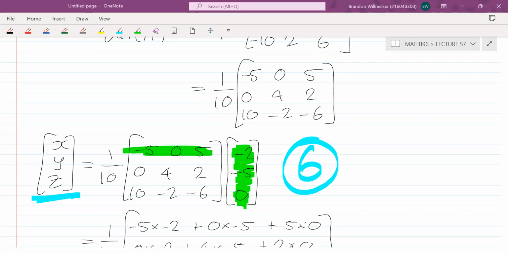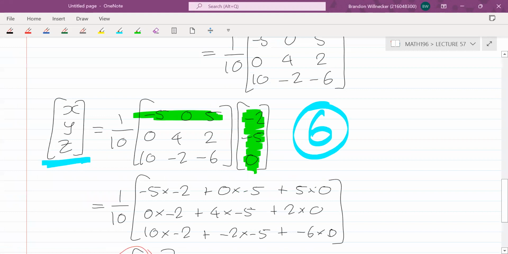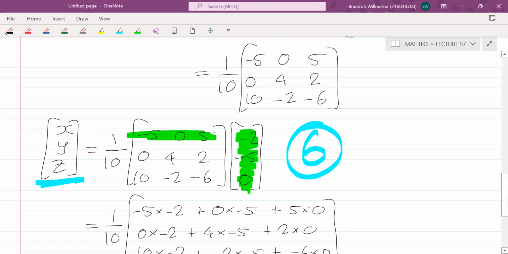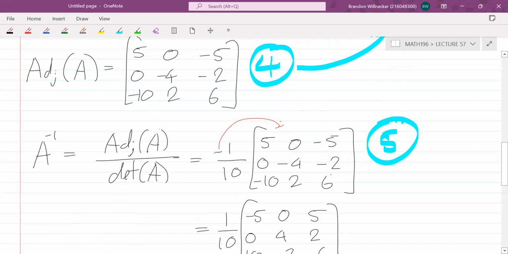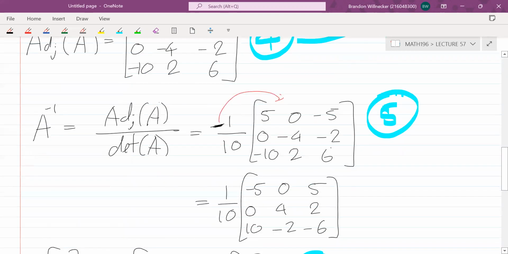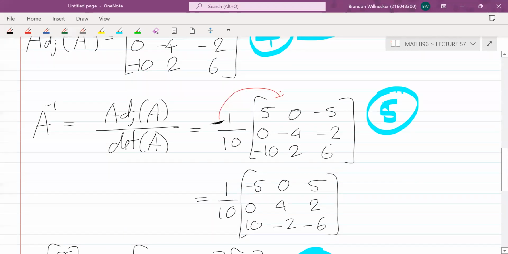No questions from me. Okay, I've got a question in the chat. So when you divided 1 by 10, while the determinant is -1/10. Sorry, yeah, so there's the minus here. So it's -1/10, and then I multiplied the minus inside, so we didn't have to worry about it later on.